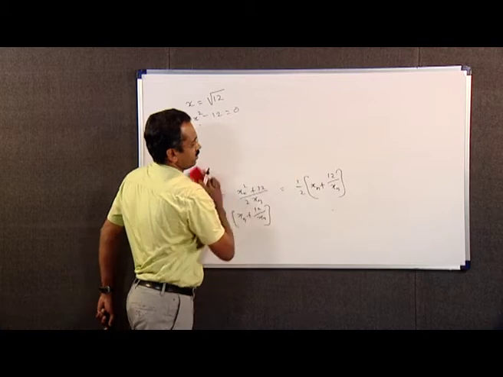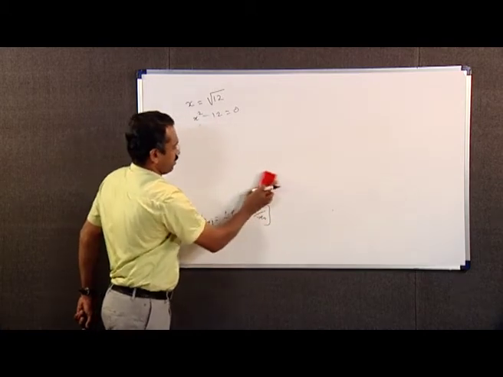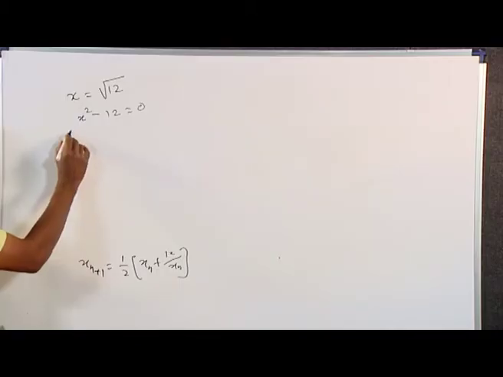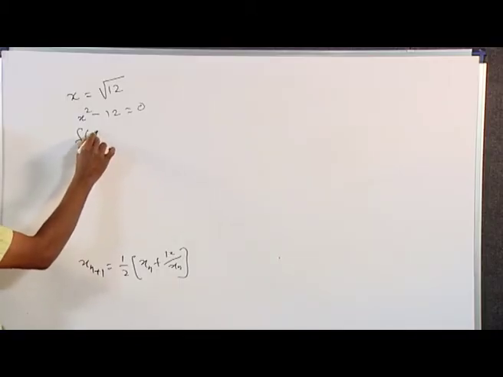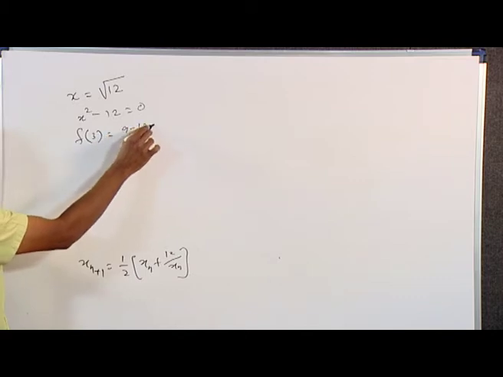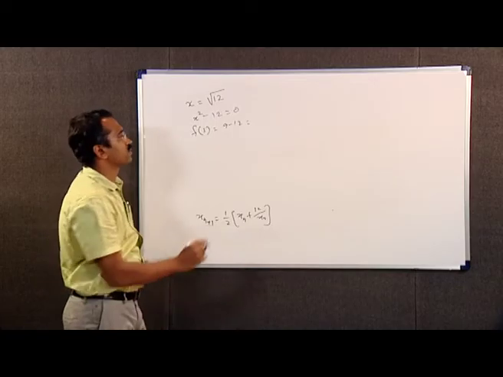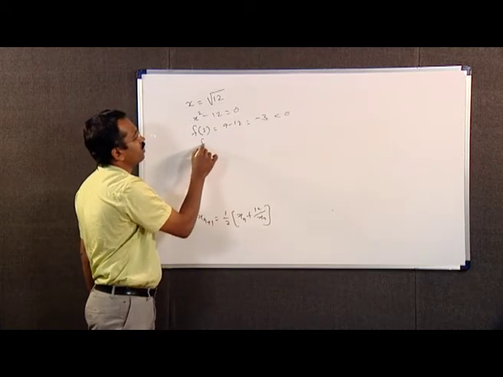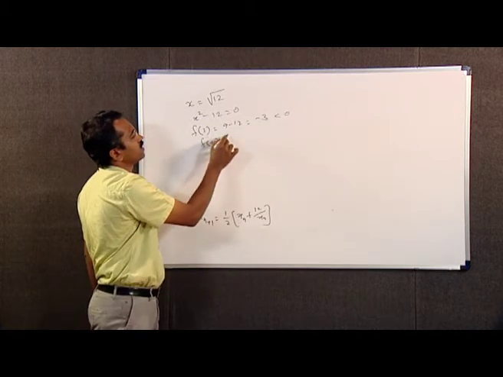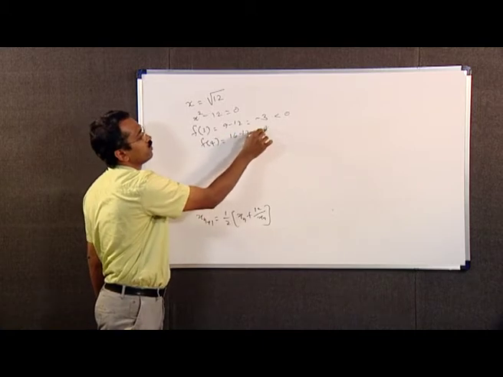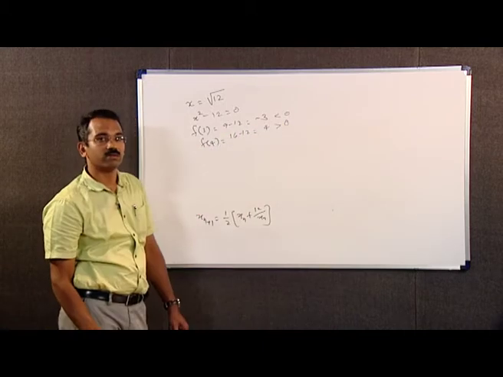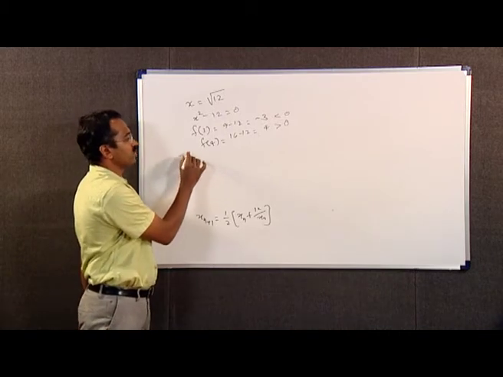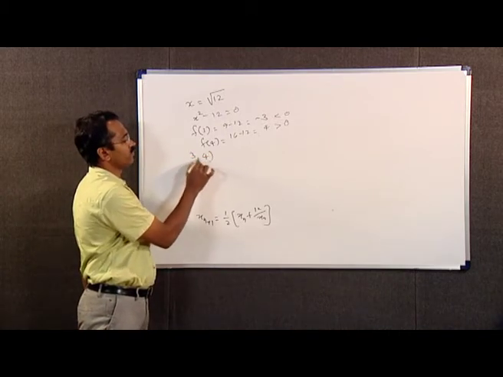We will find an interval of approximation. f of 3 is equal to 9 minus 12, that is minus 3, negative. F of 4 equal to 16 minus 12, that is 4, which is positive. Therefore, we can conclude that there is a root in between 3 and 4.